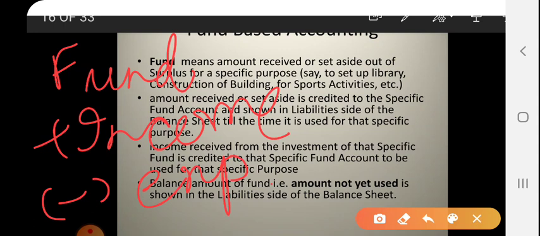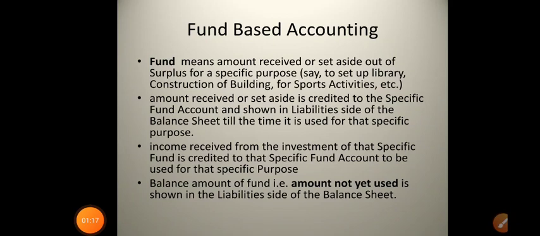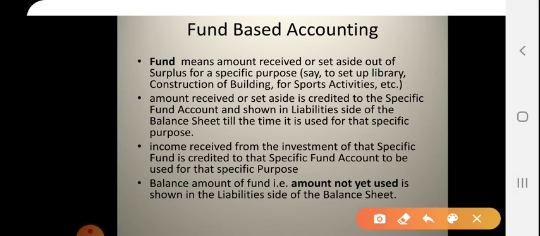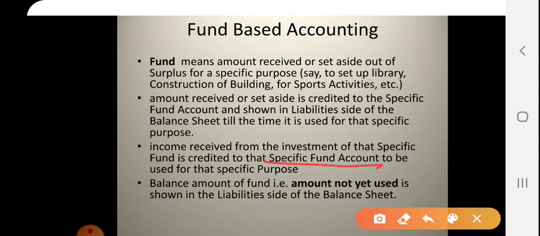Suppose we invested the fund somewhere else, so that investment can give you some kind of interest. The income from that investment is again going to be added in the specific fund account.